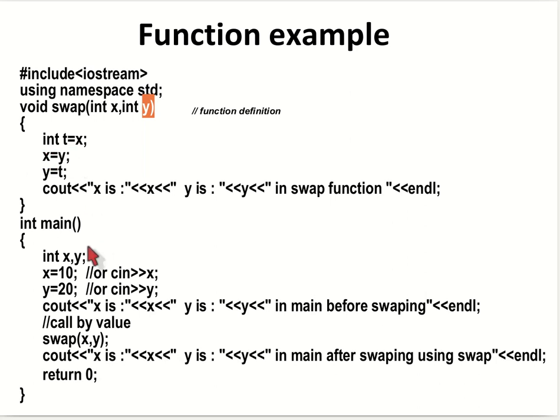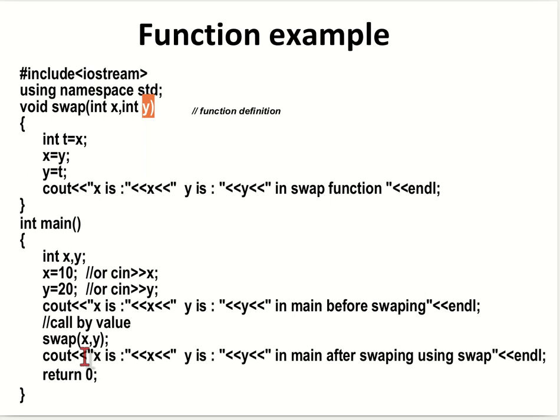Here we can see the program starts from main. int x, y, x is equal to 10, y is equal to 20, or we can get it from the user. So it will print: x is 10, y is 20 in main before swapping.